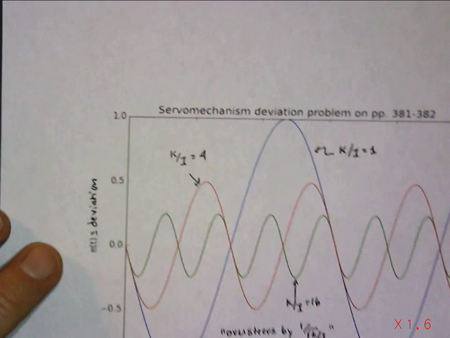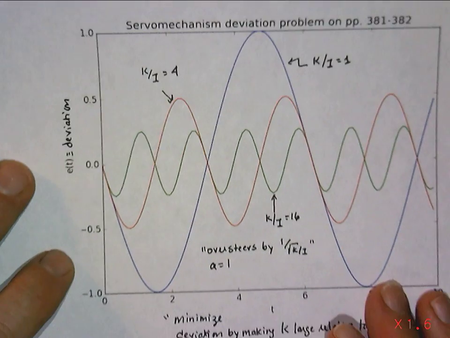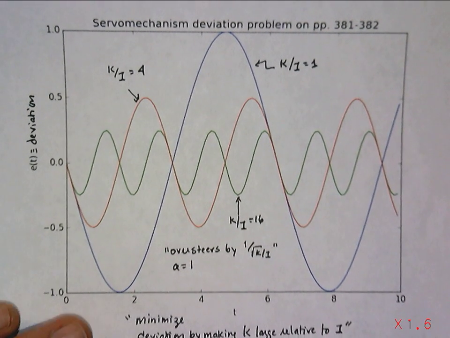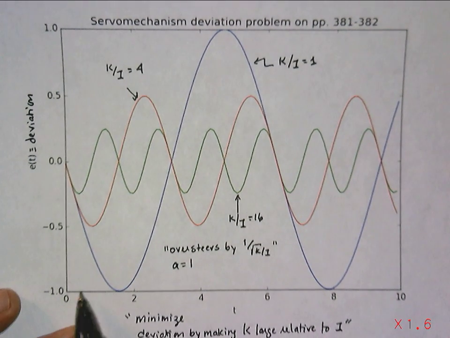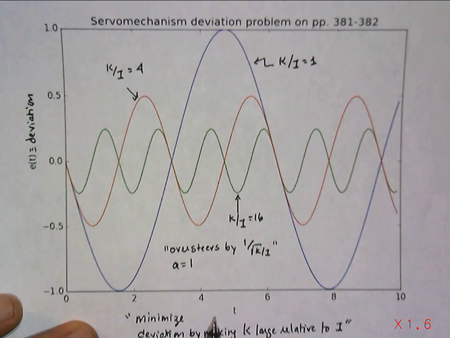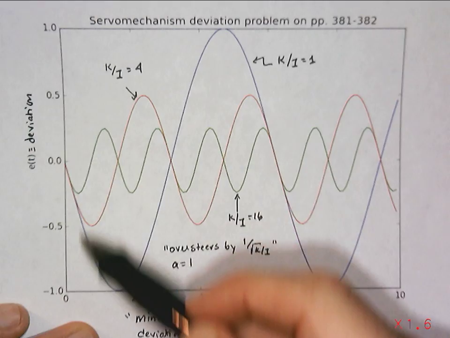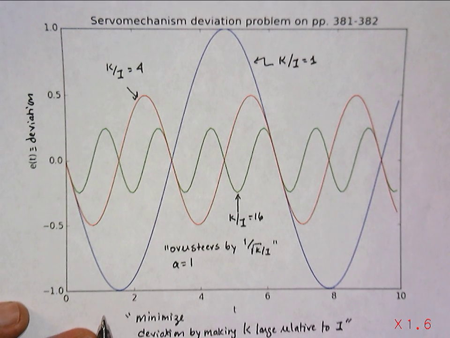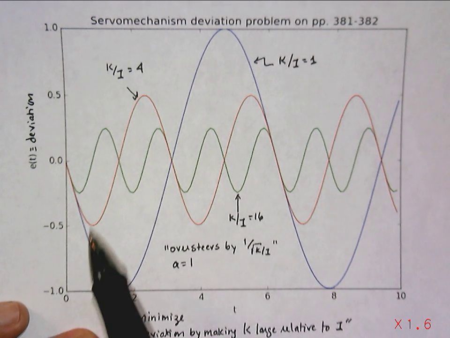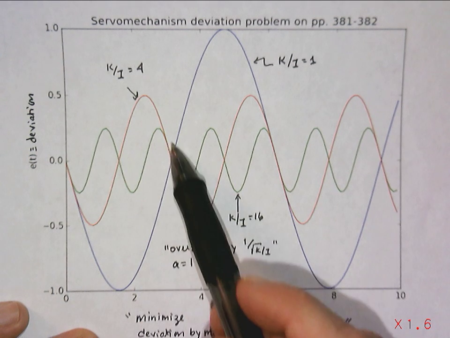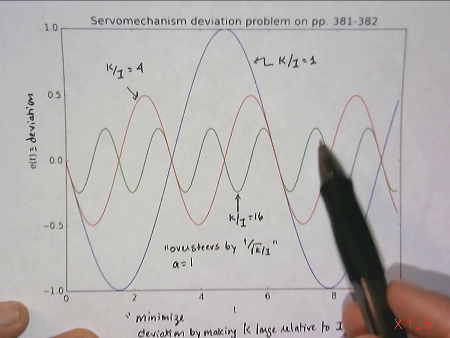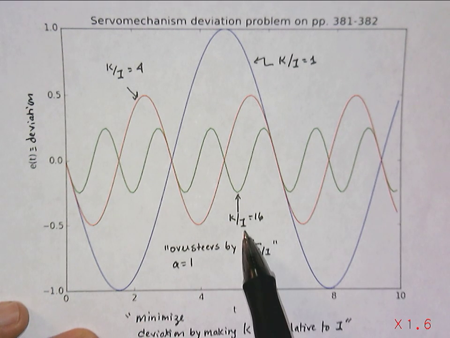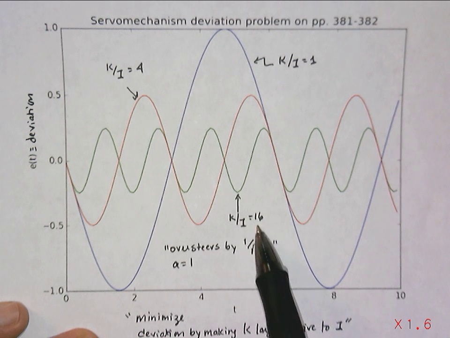Zoom out just a little bit. You can see what happens when you draw that function. Here's the time axis from 0 out to 10, which could be seconds. Here's the deviation, that e of t function that we just produced by solving by Laplace transform. What you see is the green curve here in the middle, the very slight wiggle. That is when the ratio k to I is 16.